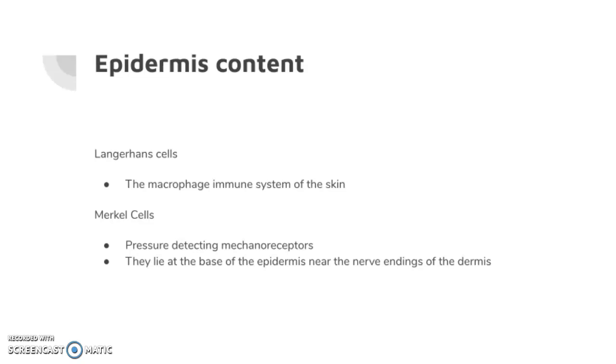So the next thing we're going to talk about is Langerhans cells and Merkel cells. The Langerhans cells are the macrophages. They're the immune system of the skin. They're formed in the bone marrow, and they migrate to the skin, and they'll continue to do this throughout our lives.